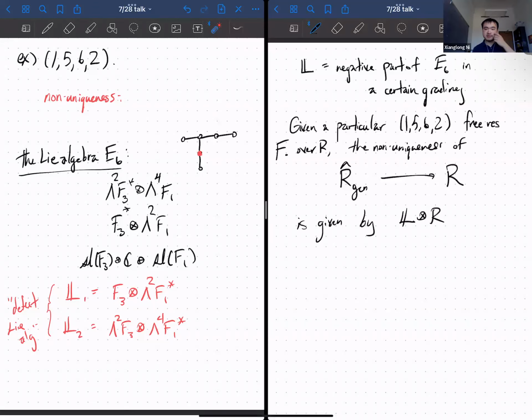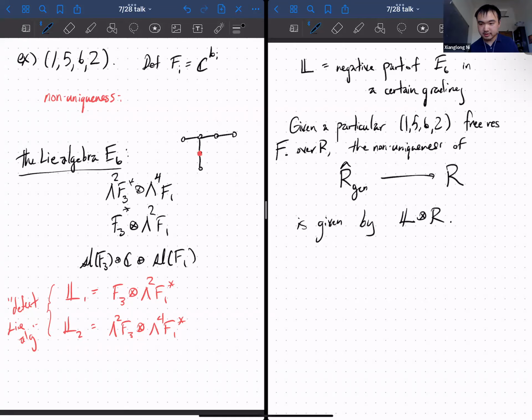So L is this complex Lie algebra, and then tensor with R, I get the non-uniqueness of this map. Right, so this is abusive notation. Over here, I really should have written, define, and for this example, Fi is C to the Bi. Okay. All right. Any questions so far?